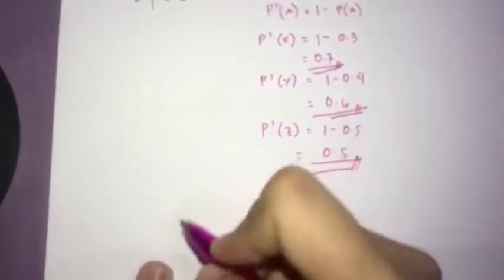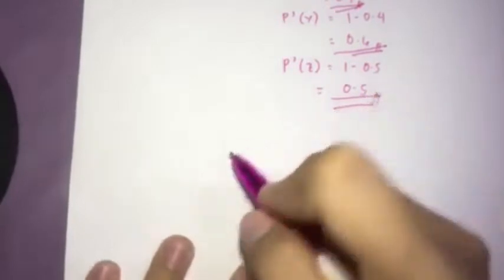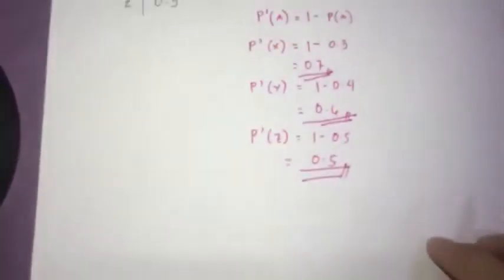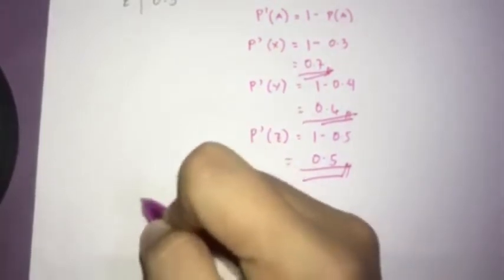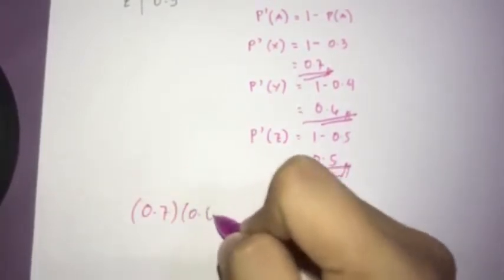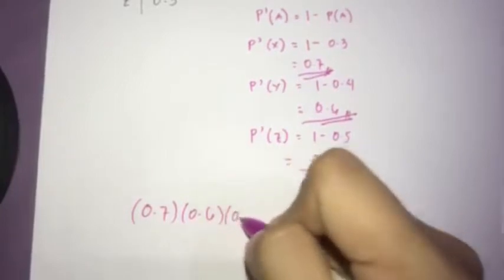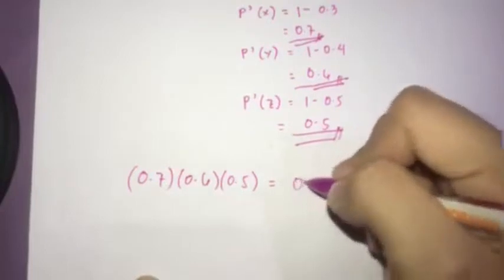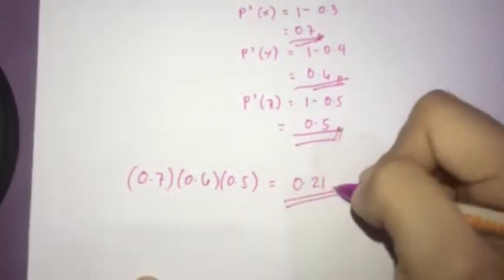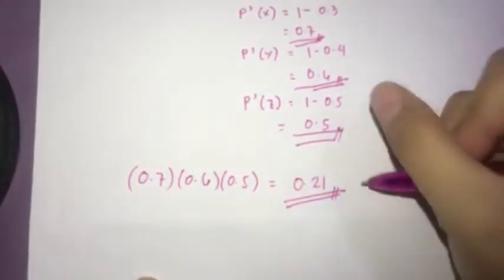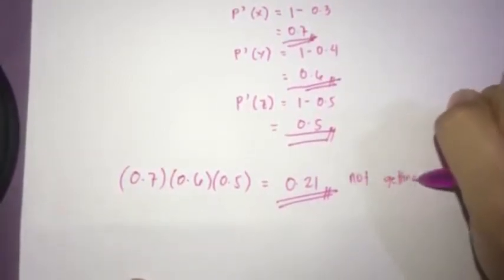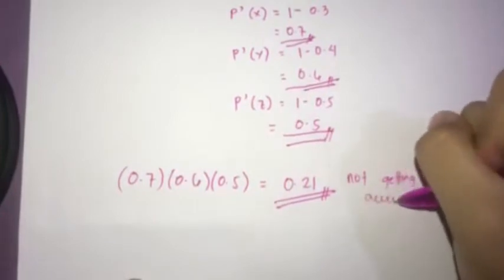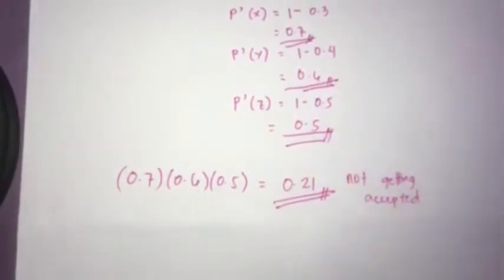We multiply 0.7 by 0.6 and 0.5. When we total this, we have 0.21 probability of not getting accepted. So that's it.